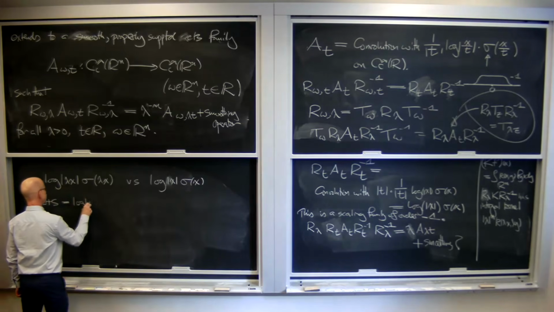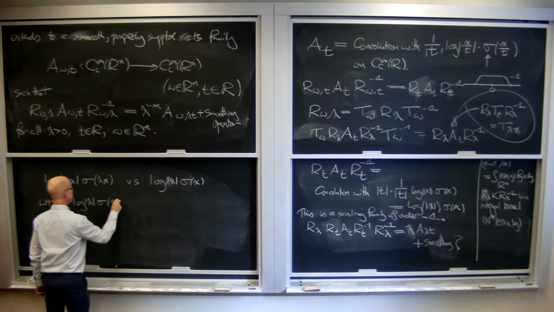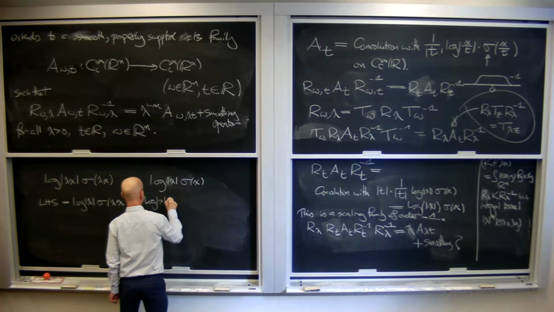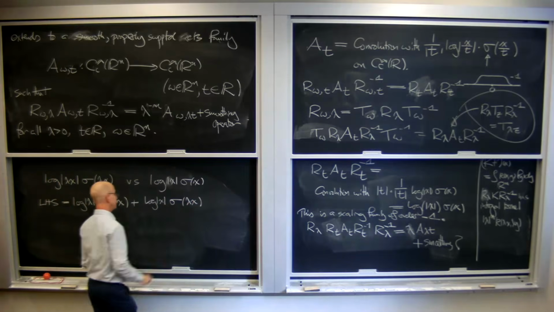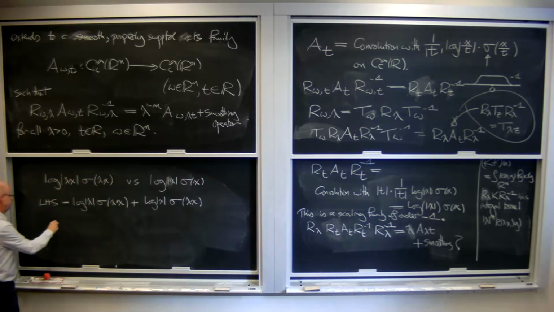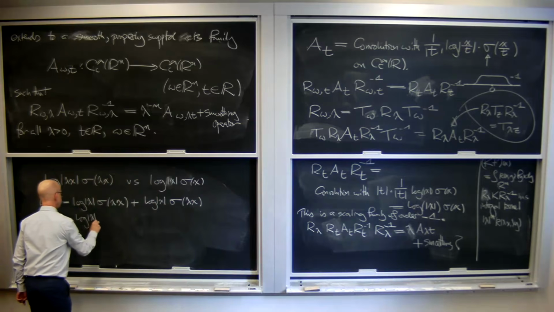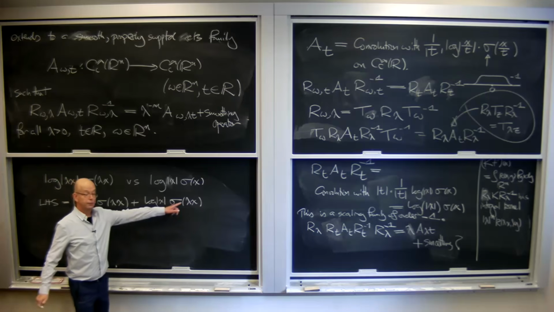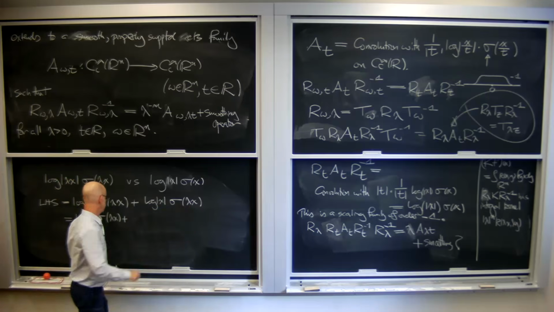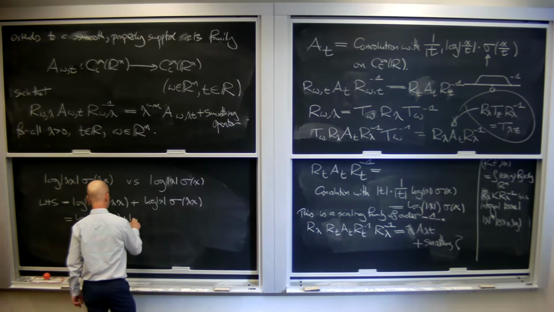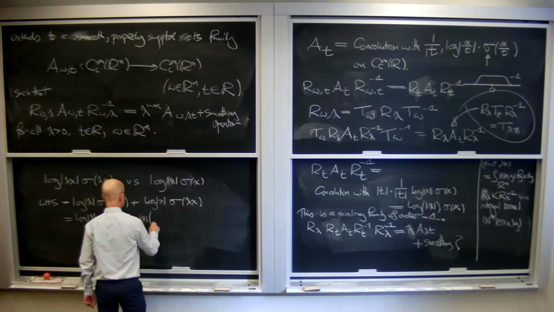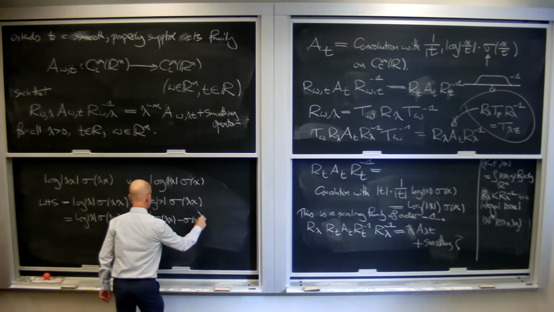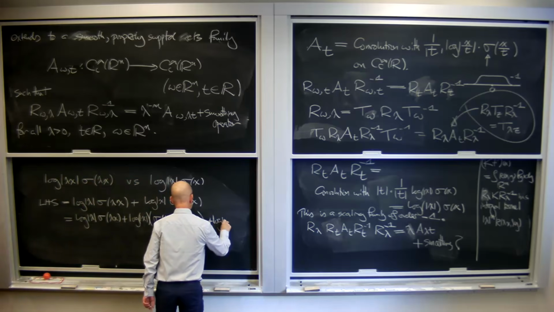Well, it's log of lambda times sigma of lambda x plus log of x times sigma of lambda x. That's a little bit better than it was before. And this is log of lambda, which is a number, times sigma of lambda x plus, and here's what I'll do, I'll just add in and subtract out sigma of x. So let me do this first, subtracting out first, sigma of lambda x minus sigma of x plus log of x.